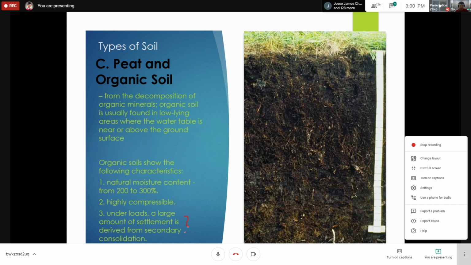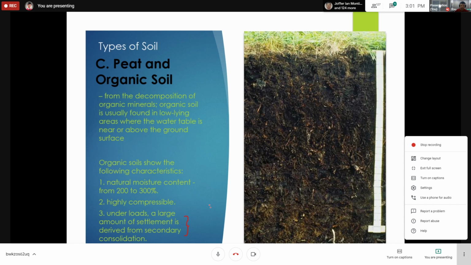Now, this particular topic will be discussed after midterms, since it is an application in your foundation. Settlement of your foundation, since our buildings have large loads, we expect that there's compression in your soil profile.